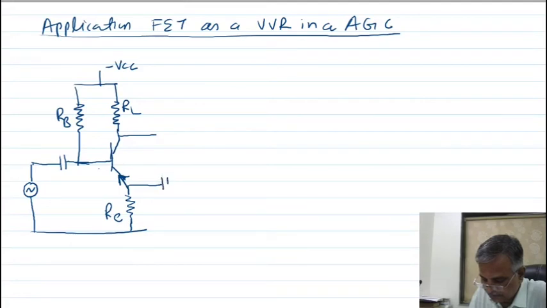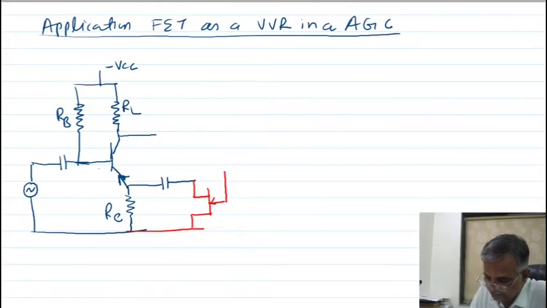Here I am connecting one capacitor, and this FET will work as a VVR. This is one capacitor, and it works as a filter circuit.